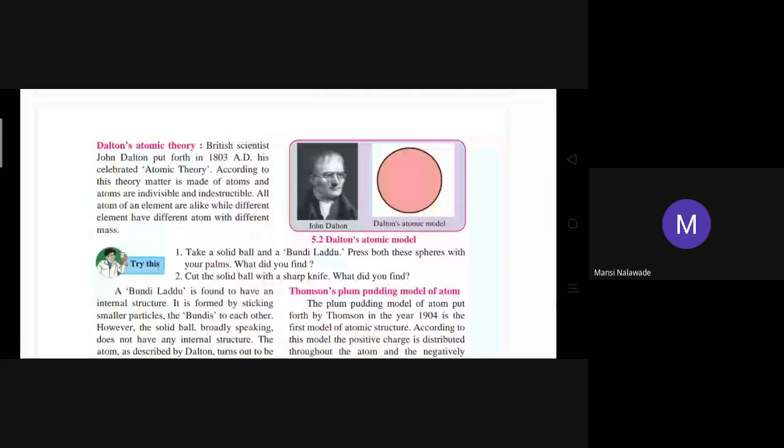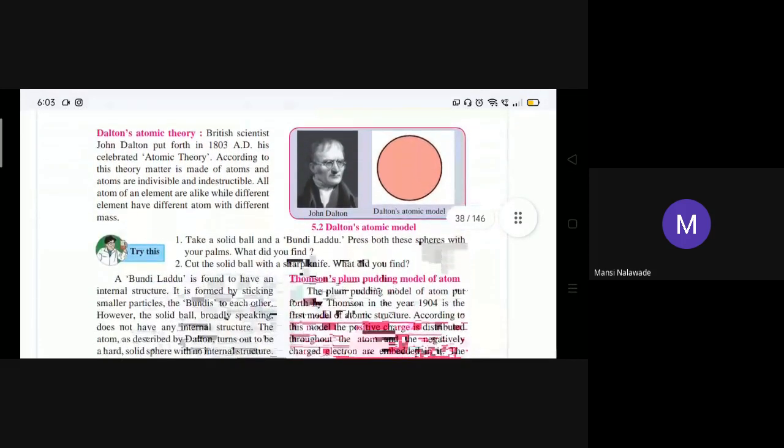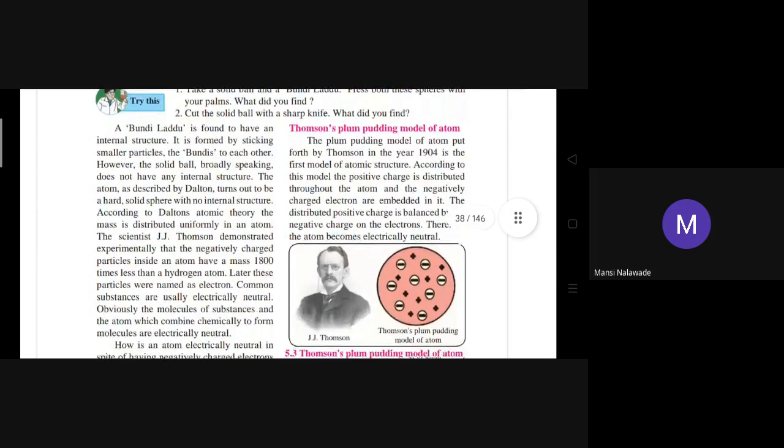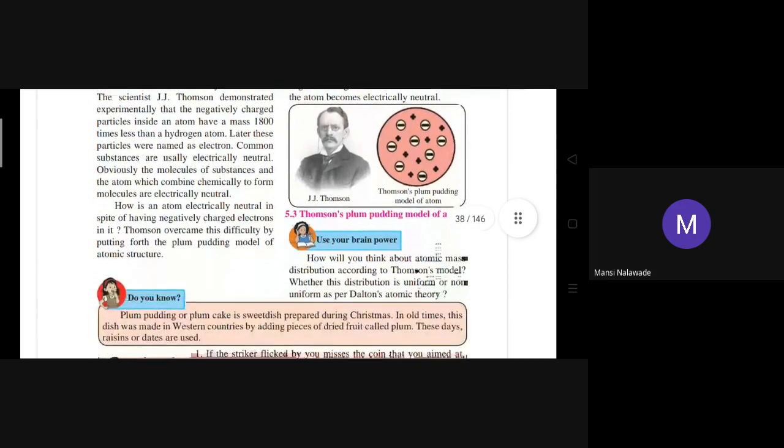According to Dalton's atomic theory, matter is made up of atoms and atoms are invisible and indestructible. All atoms of an element are alike while different elements have different atoms with different mass. Okay. Is it the correct answer? Yes.